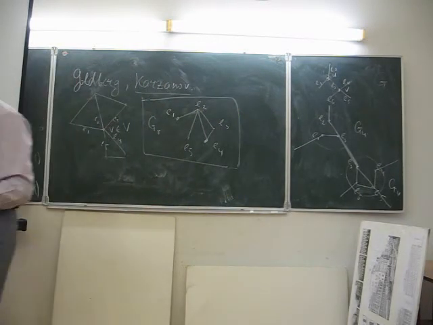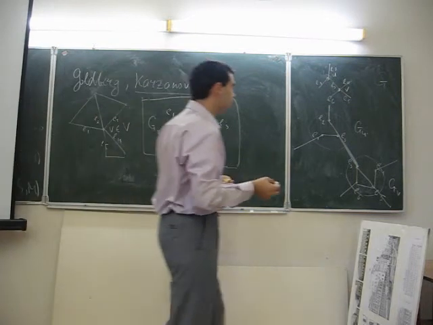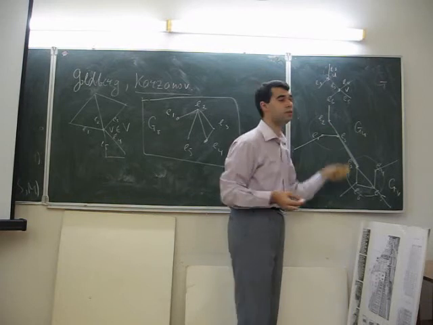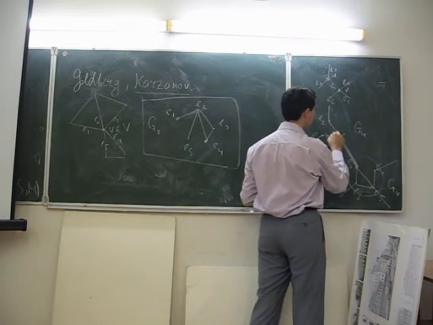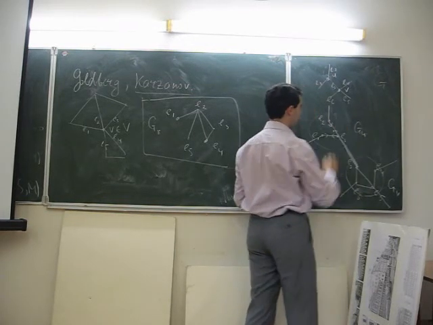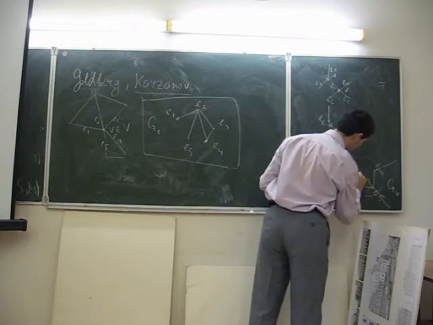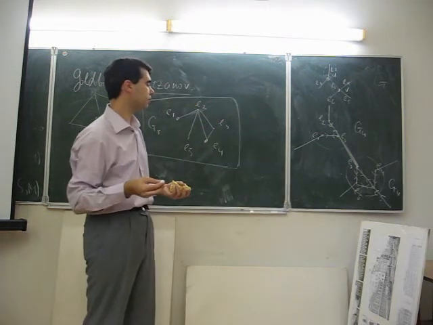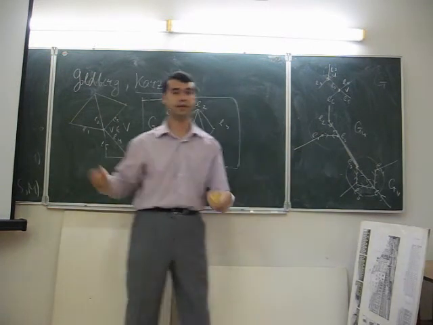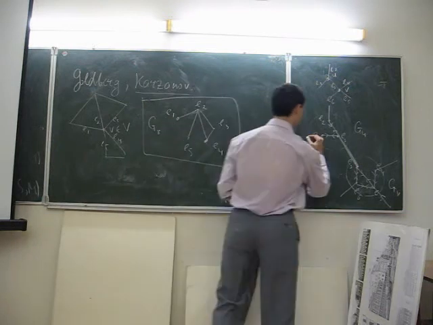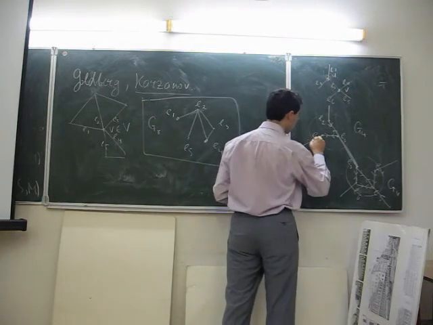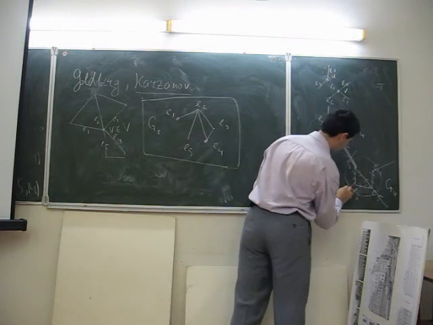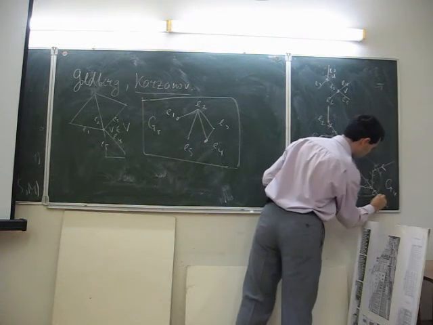And finally we assign directions in a very simple way. Each edge which is inside one of these graphs is directed, for example, to leave both endpoints, and if you have an edge connecting these clusters, then you direct it to enter both endpoints.